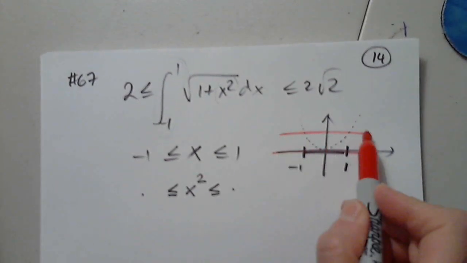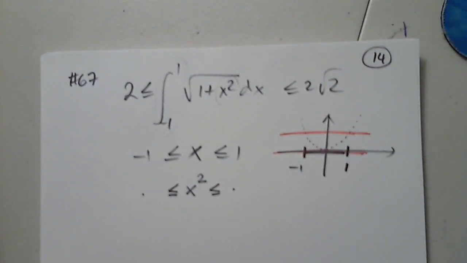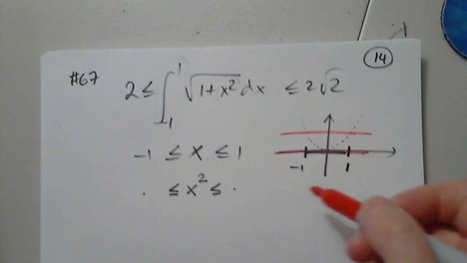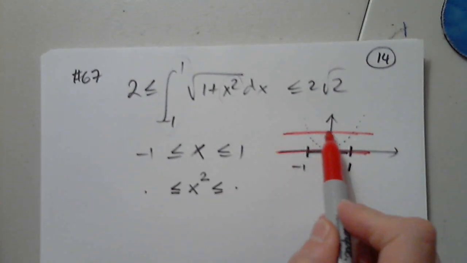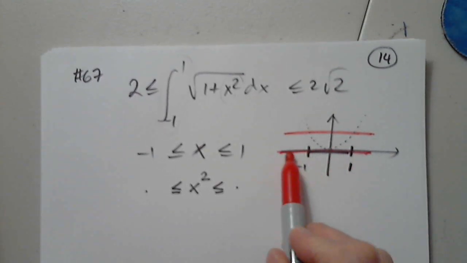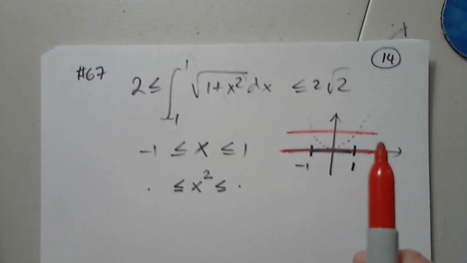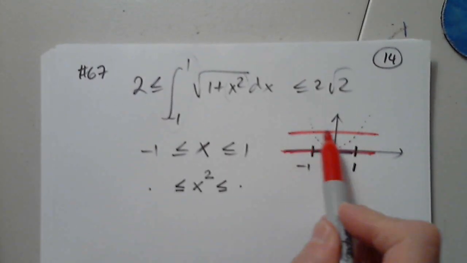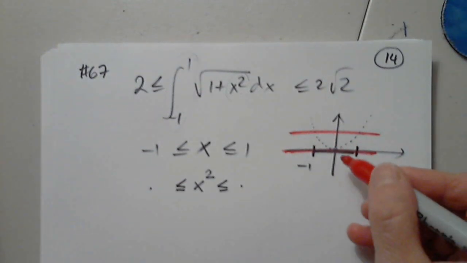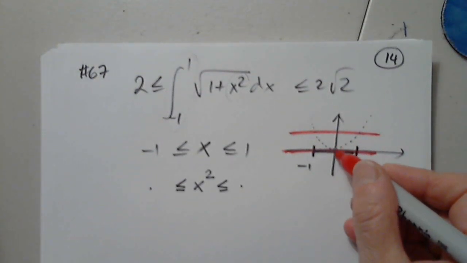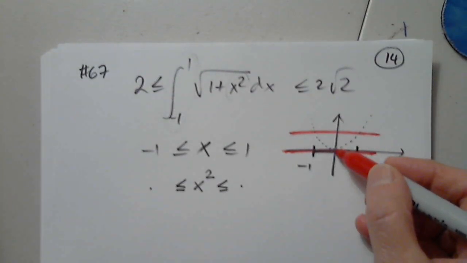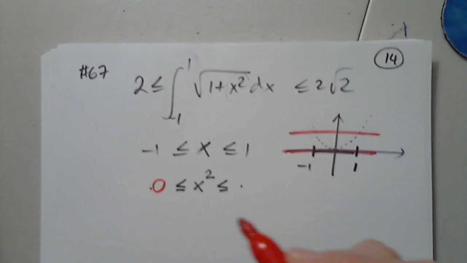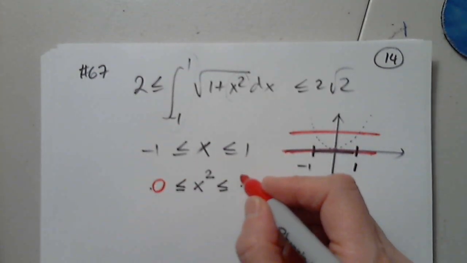Look at the graph. What value am I showing here for the graph? 0. It would be the same thing as just saying 0 to 1.